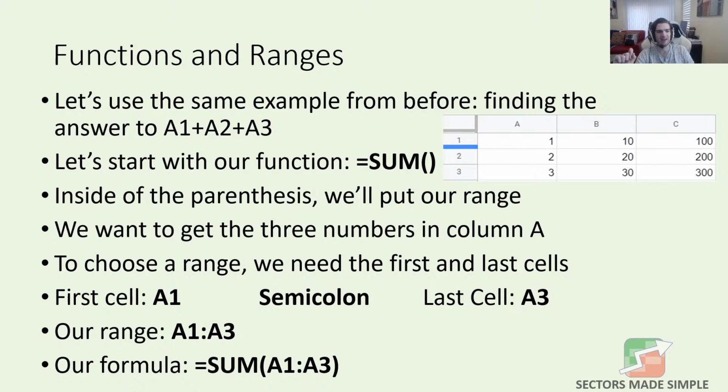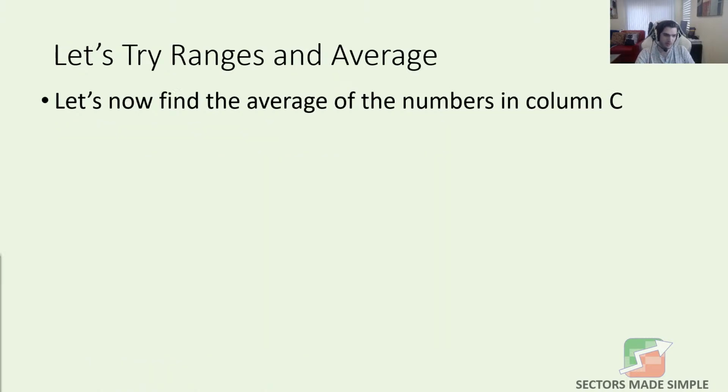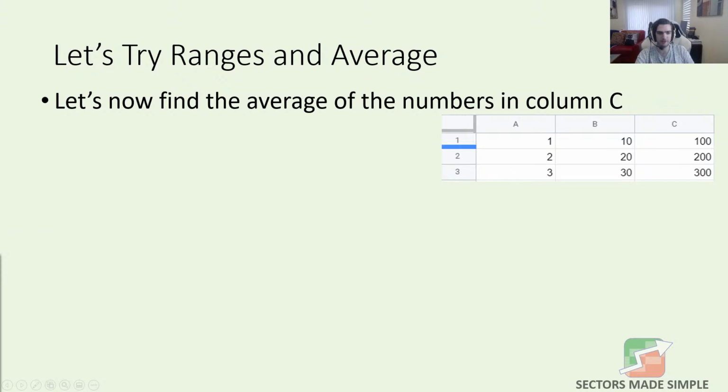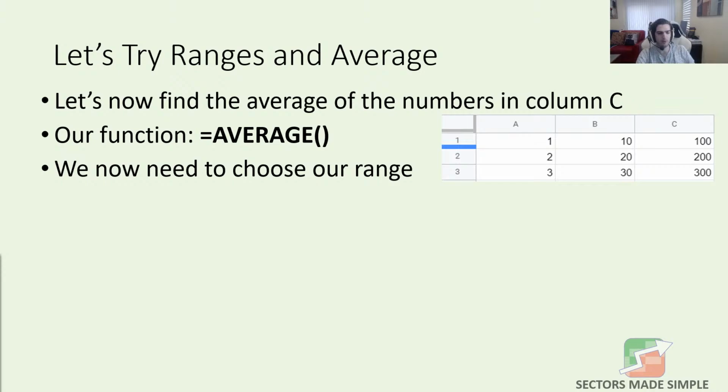Let's take a look at average because it will work very similarly. Let's find the average of all of the numbers in column C. All of the logic is going to stay the same. The only thing that changes is instead of using sum, we're going to use average. So our function is equals average, parentheses. Now we need to choose our range.